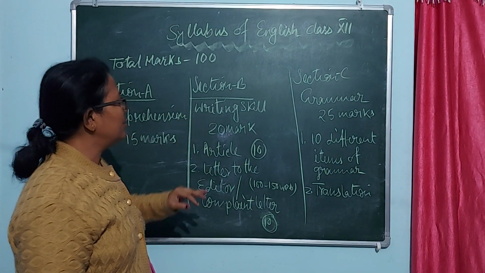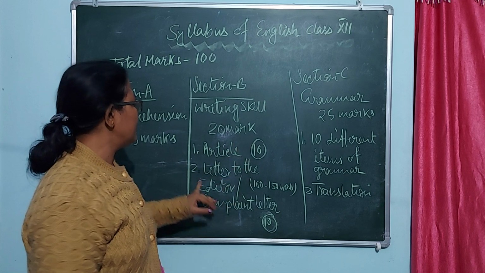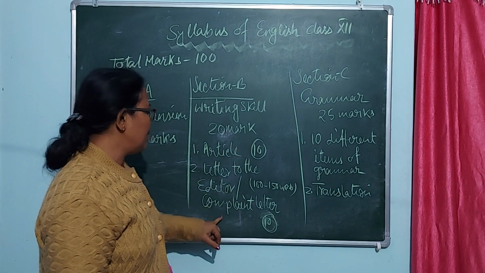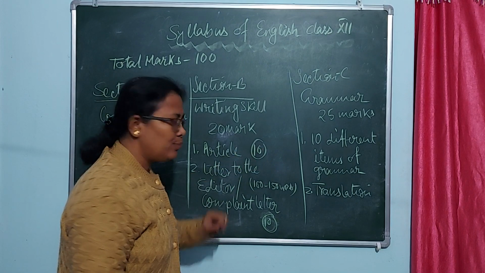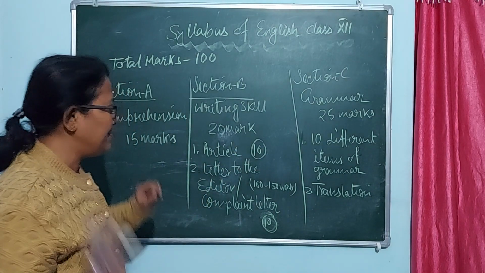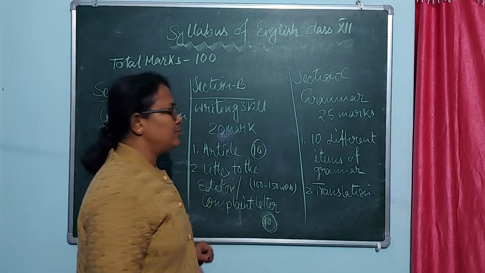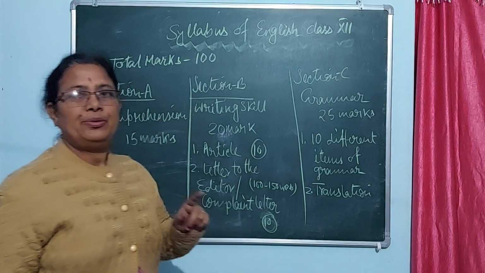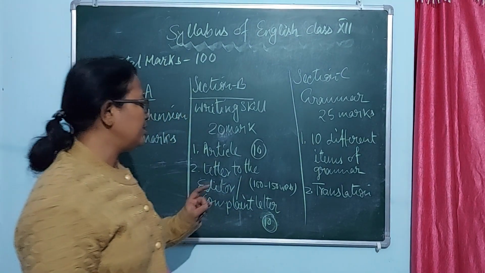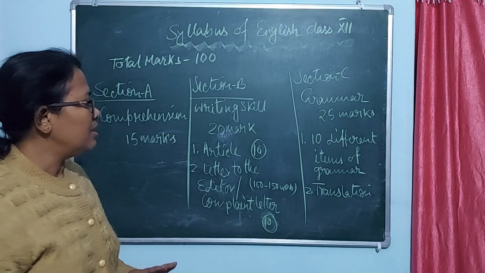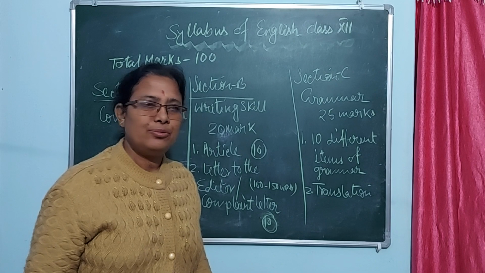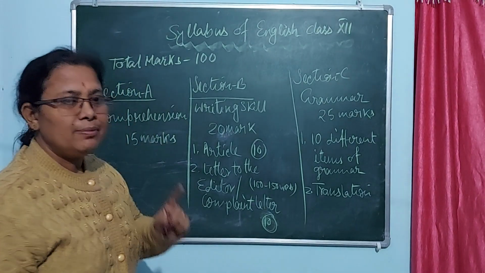Then writing skill, 20 marks: article 10 marks, letter to the editor or complaint letter, both having equal marks, 10. Both are compulsory to attempt. And remember the word limit of 100 to 150 words. Do not increase it; you can exceed by 5 to 8 or maximum 10 words, but don't increase more because examiners have no time to read it, and handwriting must be clean.